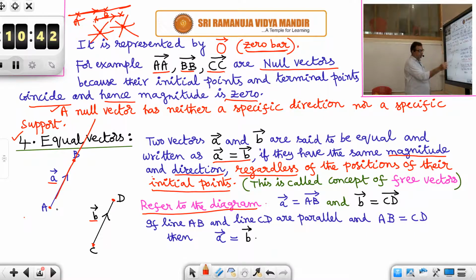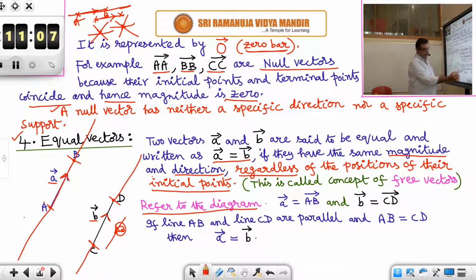Support means the line on which the vector is there. This line and this line are parallel. And also arrows are going in the same direction. Same direction, not in the opposite direction like this. Okay, do you agree? Same direction, arrows are in the same direction. And suppose the length AB is also equal to the length CD. Then these two vectors are equal.